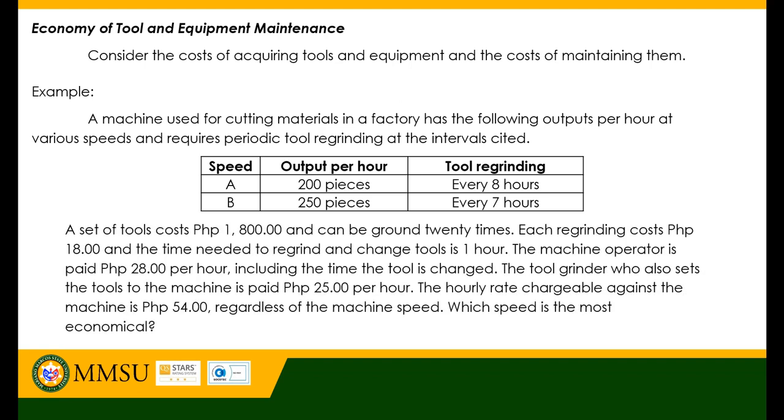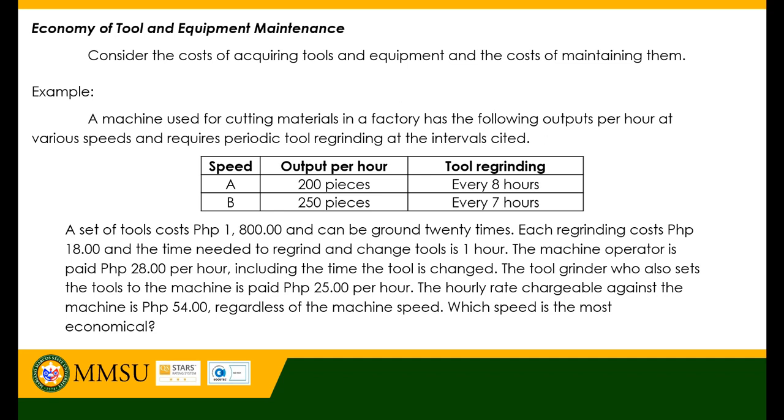Okay? A set of tools costs 1,800 pesos and can be ground 20 times. Each regrinding costs 18 pesos. And the time needed to regrind and change tools is 1 hour. The machine operator is paid 28 pesos per hour, including the time the tool is changed. Okay, daming babayaran, ano?